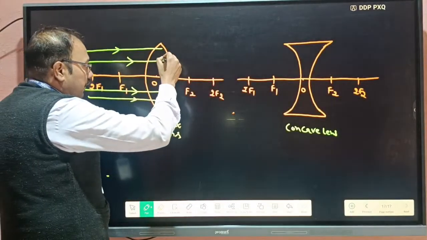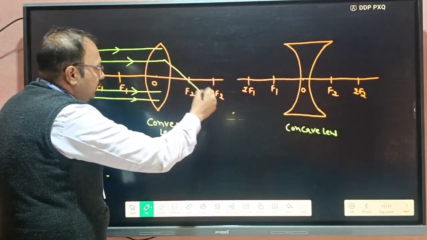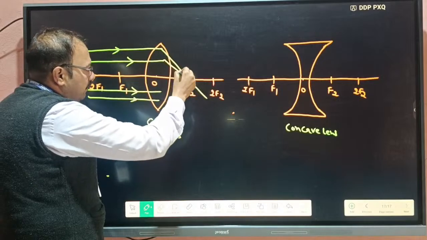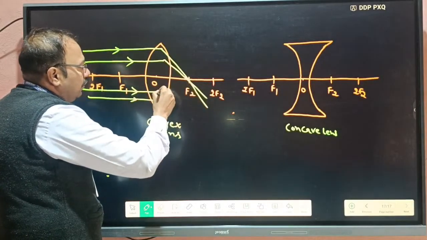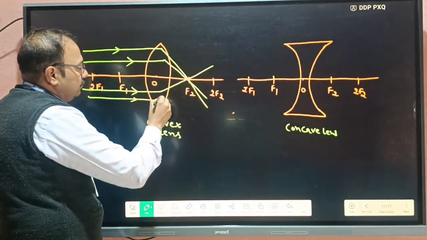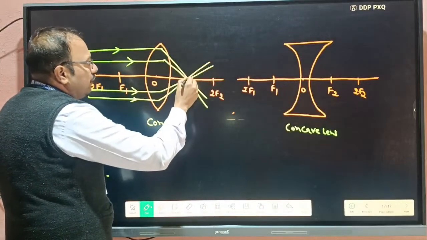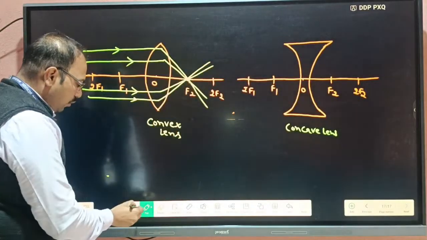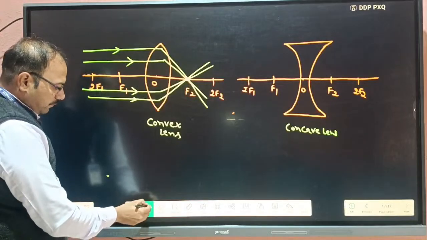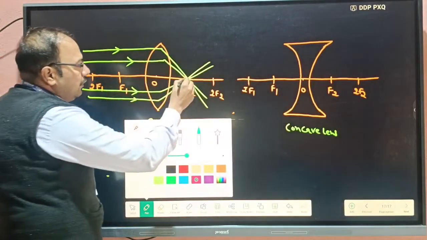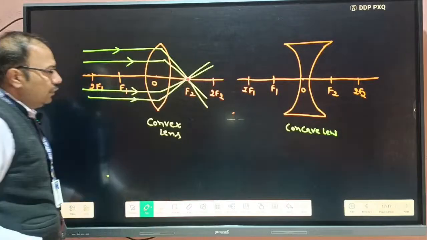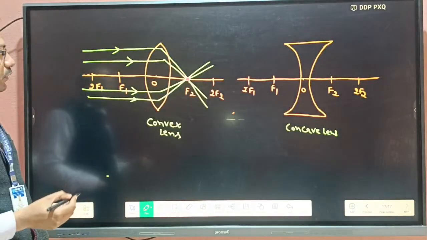So these are refracted and they change their path, passing through F2. So this is a common point or common intersection, this point. Okay, so this is known as the focus.